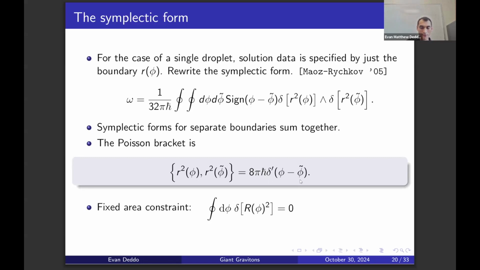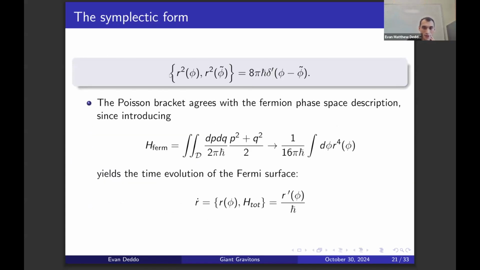We also have the fixed area constraint, which turns into this condition on r. I'm sorry, that should be a little r. So we could use these two conditions, this Poisson bracket and this condition, to quantize the geometry. The idea will be that we promote this to a commutator.